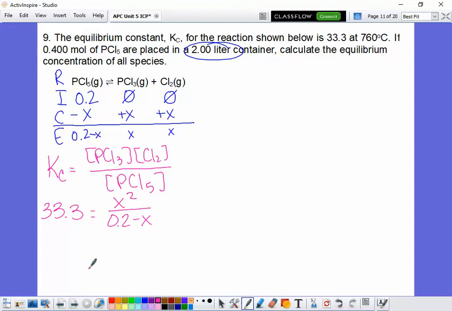So, you could rearrange this, set it equal to 0, plug it into the quadratic formula, solve for your 2 x's, and only use the positive x. Some of you might have a program in your calculator that does that for you. All of you should be using a graphing calculator.